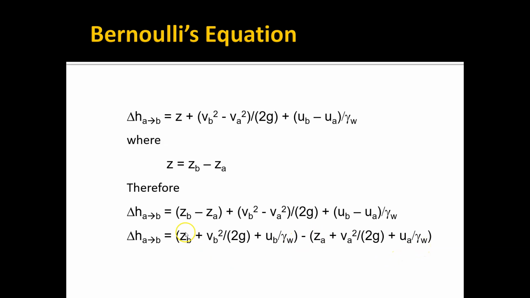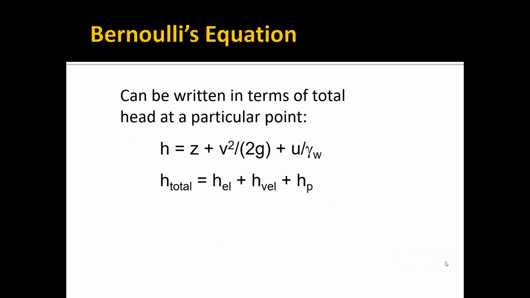So we have two very similar looking terms here. And what do they represent? So this is a form of Bernoulli's equation written not in terms of the difference between two points, but in terms of what we call the total head at a particular point. So this could be point A or point B or any other point.